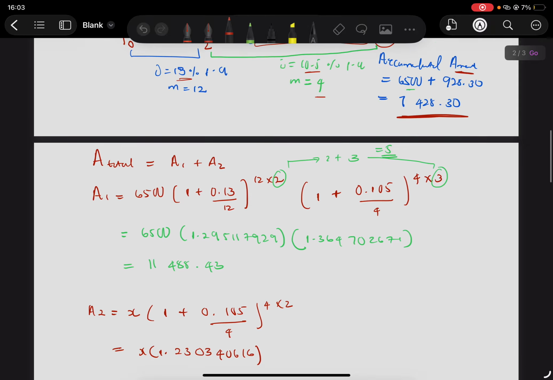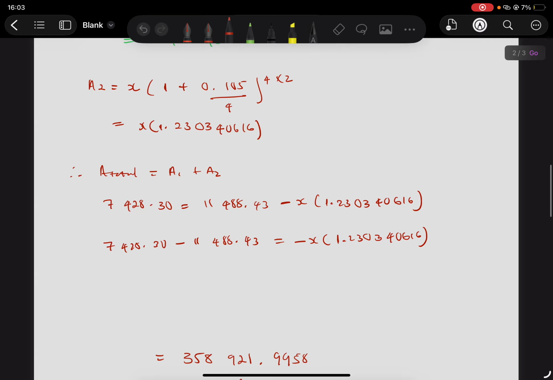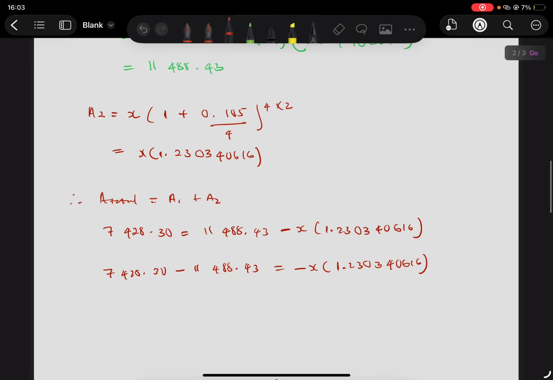Now we have 7428.30, and us subtracting that 11,488.43 is equal to negative x times 1.230340616, leading us to negative 4060.13 is negative x times 1.230340616.